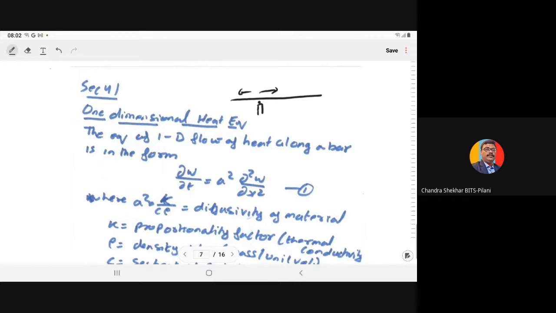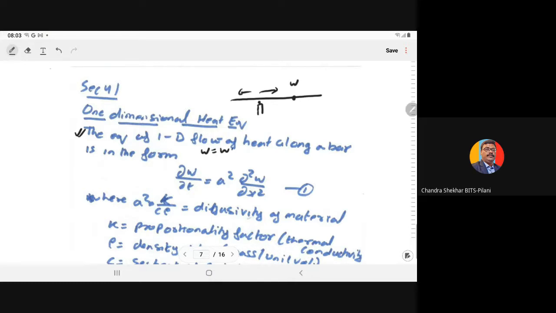So in this case, let W be the temperature. This temperature depends on the position, at what point you are studying, and on the time, after what time you are measuring the temperature. So the equation of one-dimensional flow of heat along a bar is of the form del W by del t equals a square del 2 W upon del x 2.